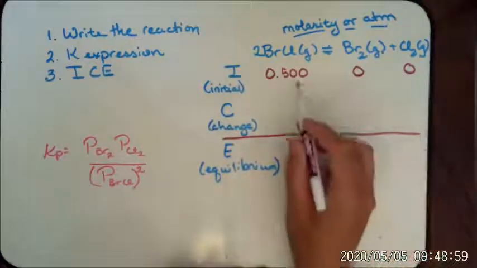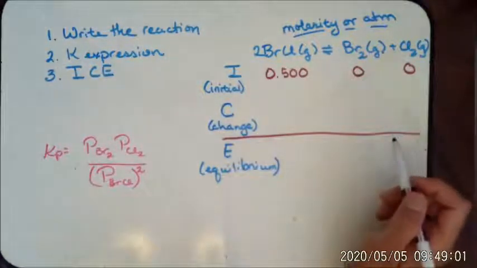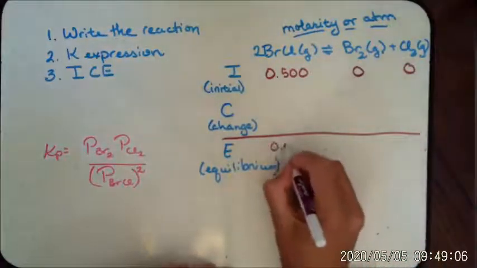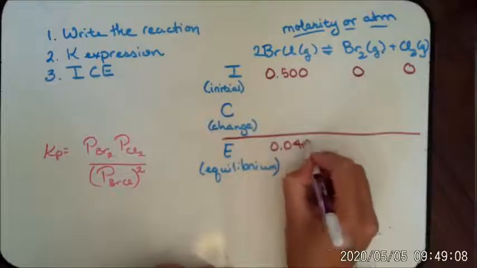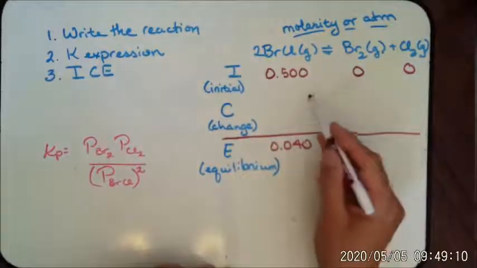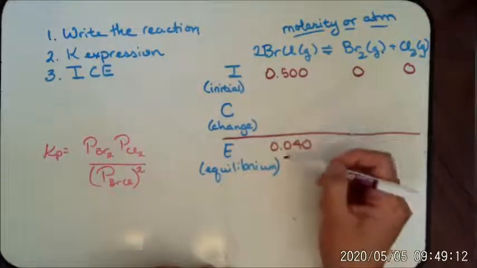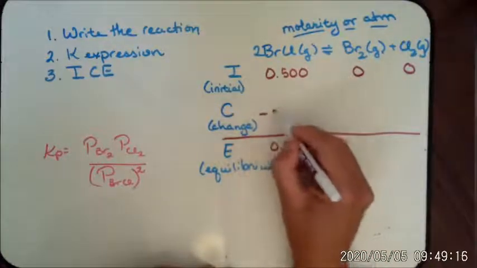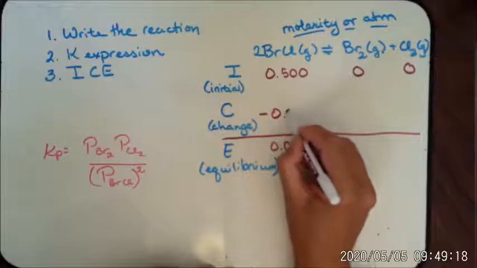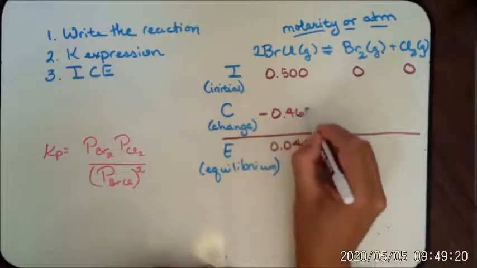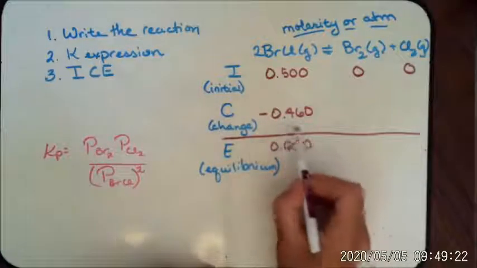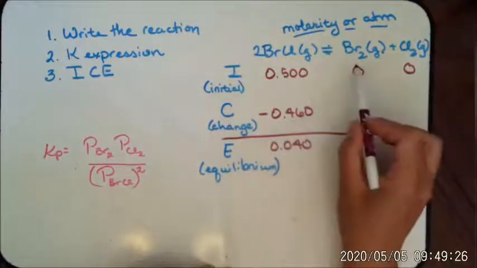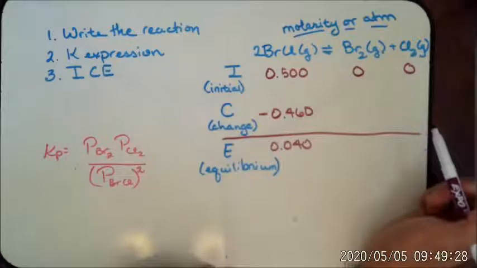Well, let's take a look. When it's done, I had 0.040 atmospheres. So how did I go from 0.5 to 0.040? I lost 0.460 atmospheres. This is how much material reacted and became bromine and chlorine.